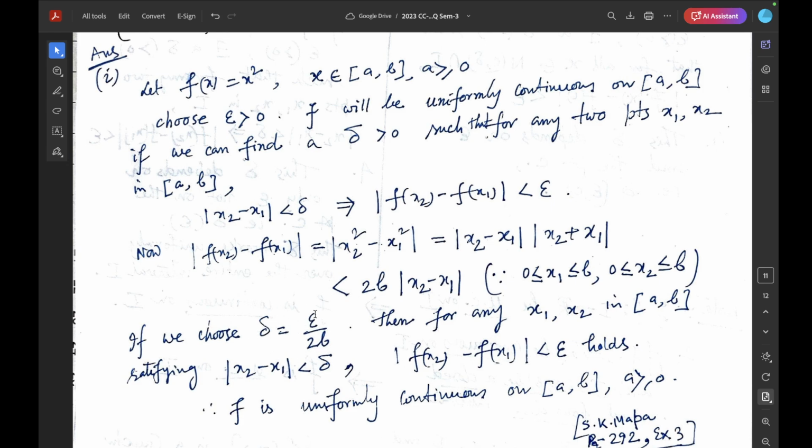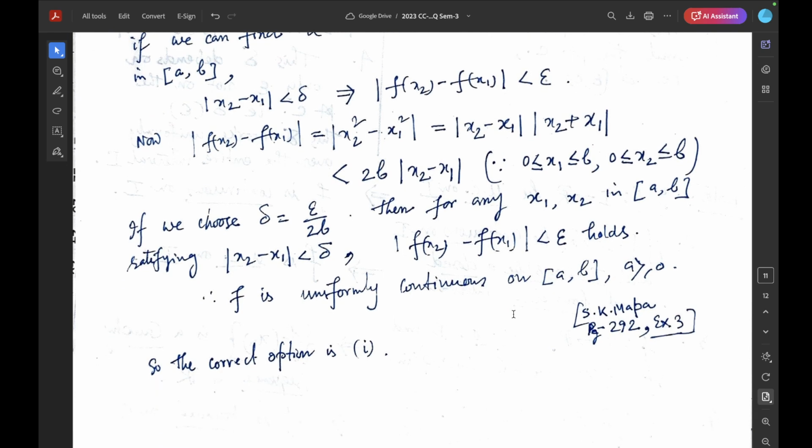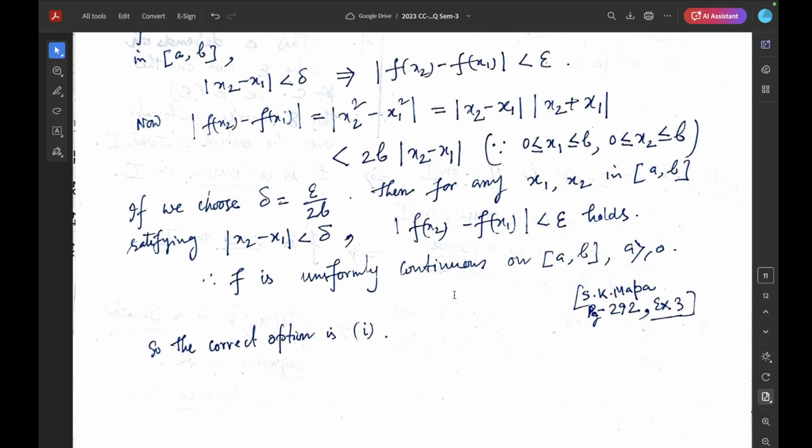If we choose delta equal to epsilon by twice b, then for any x1 and x2 in the closed interval a b satisfying modulus of x2 minus x1 less than delta, the inequality modulus of f x2 minus f x1 less than epsilon holds. Hence f is uniformly continuous on the closed interval a b for a greater than or equal to 0. So the correct option is 1.